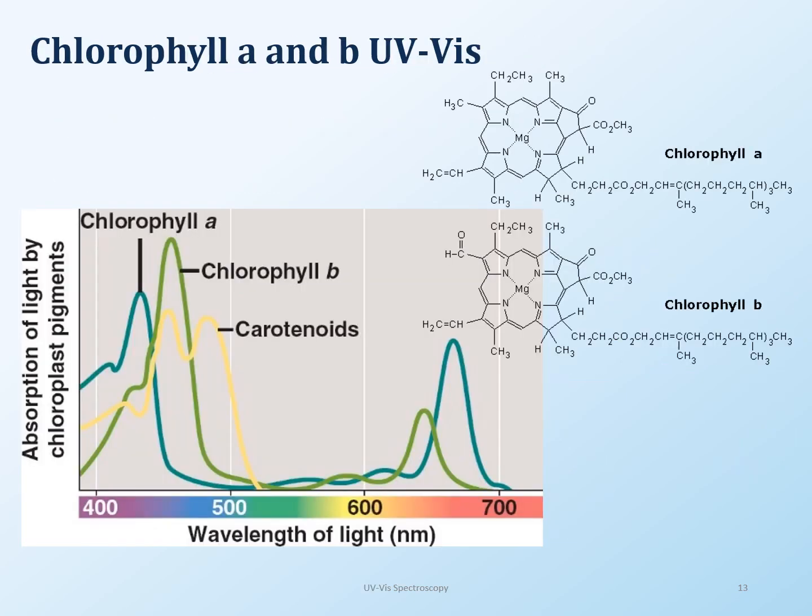Here I just wanted to show you the absorption for chlorophyll. Chlorophyll is, of course, a beautiful compound that we have in leaves, and we know how leaves change colors in fall. You see all sorts of beautiful colors, red, green, orange, yellow.